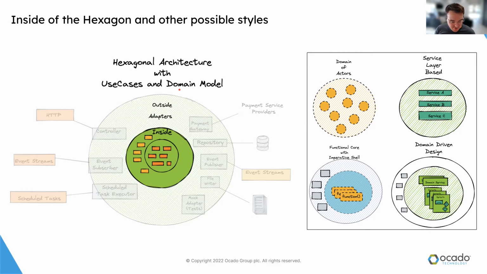It's a use case-driven approach. But it's important to note that we could use different types. We could use, for example, a domain of actors using an actor framework. We could use a functional core, imperative shell, when you're heavily relying on functional code, or we could go for something like domain-driven design.